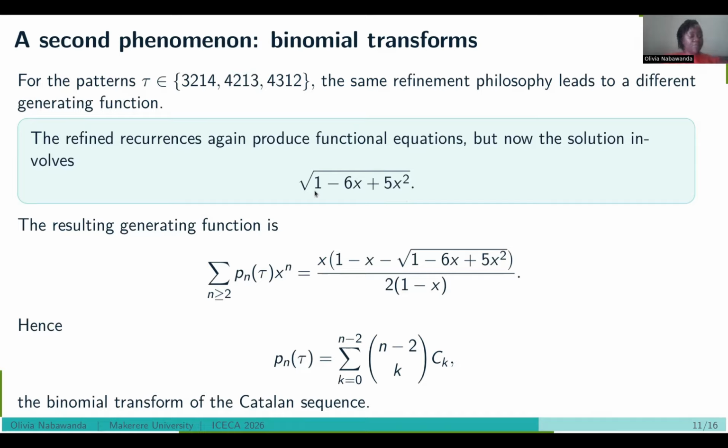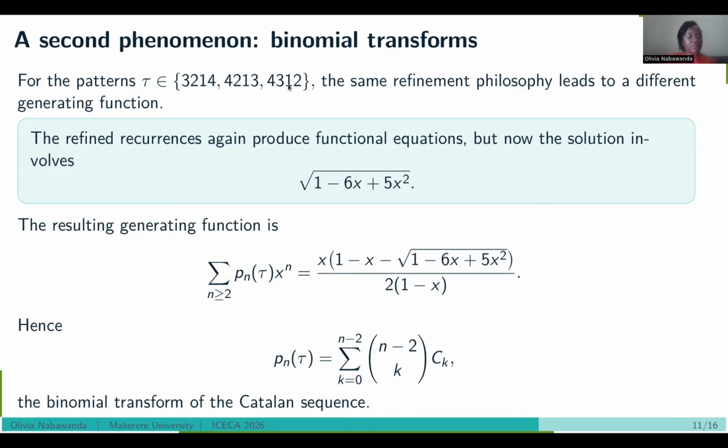And so solving the functional equation gives the generating function this, as seen here, and extracting out the coefficients of this generating function gives our numbers P_n(tau), where tau is any of these three patterns.